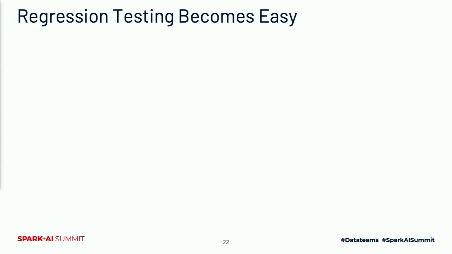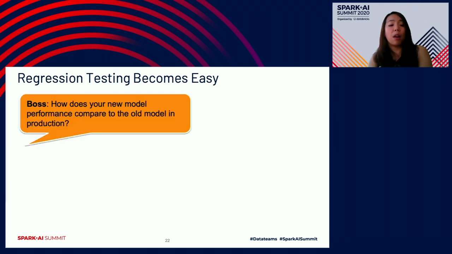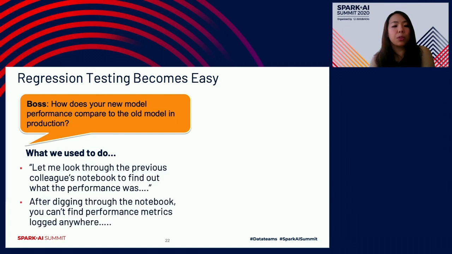So this whole process also makes regression testing a lot easier. A lot of times we want to compare two different models, and what we used to do is dig through previous colleagues' notebooks and find that maybe the performance metrics were not even logged. What we can do now is pull it directly from MLflow and compare them.